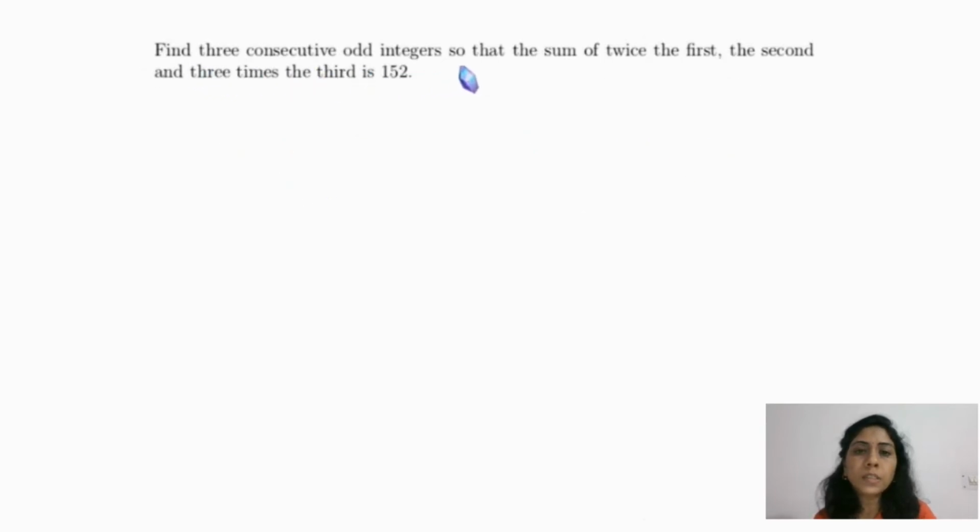Okay, now find three consecutive odd integers so that the sum of twice the first, the second, and three times the third is 152. Okay, so here odd integers same. You can take x, first one, second x plus 2, third x plus 4. So here says the sum of twice the first. You can multiply 2 here, make twice.